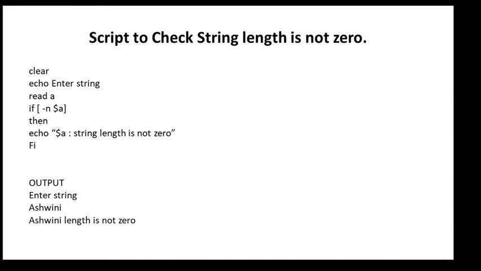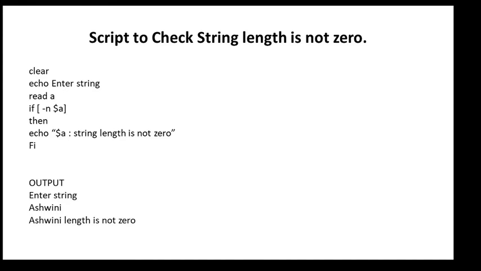The script to check whether the string length is not 0. Clear. Enter a string. In this example, we are going to check whether the string length is not 0 or not.